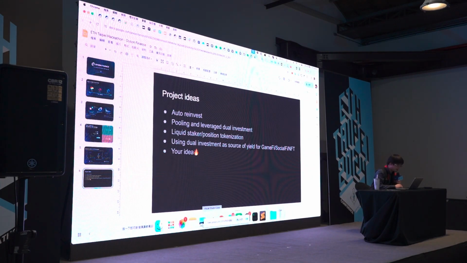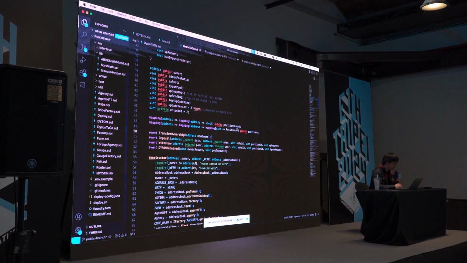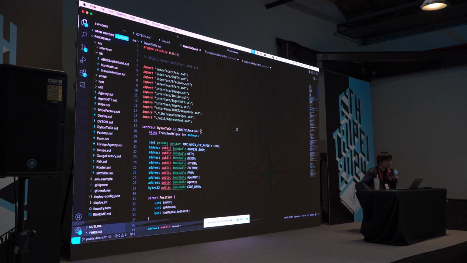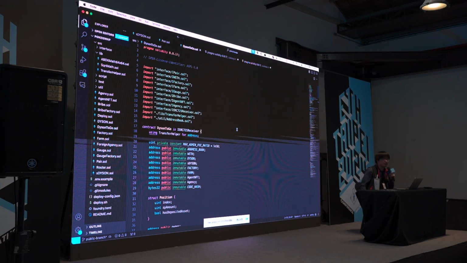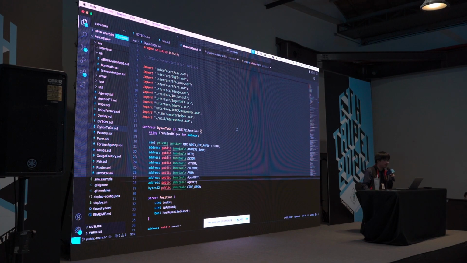Okay. And one last thing is a quick go through of the code base. If you don't want to dive too deep into the whole Dyson Finance smart contract code base, then I will recommend you to look at this contract called Dyson To Go.